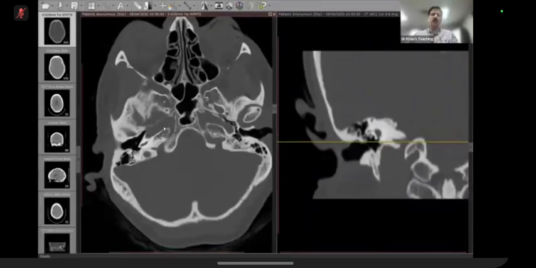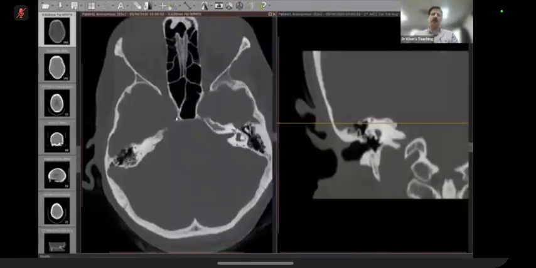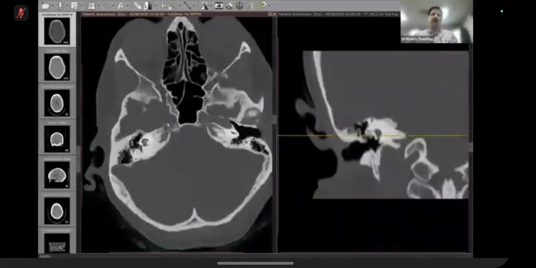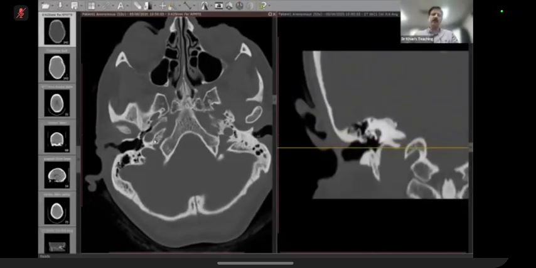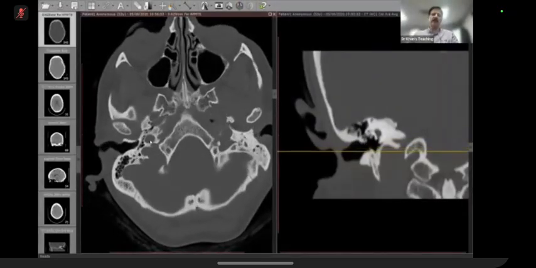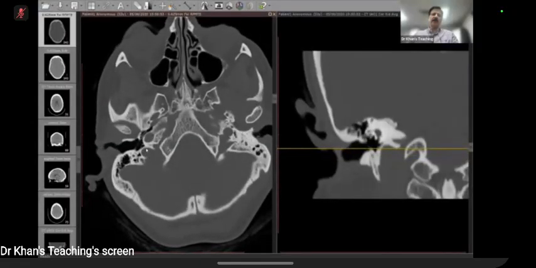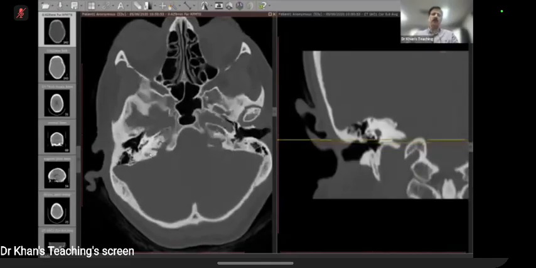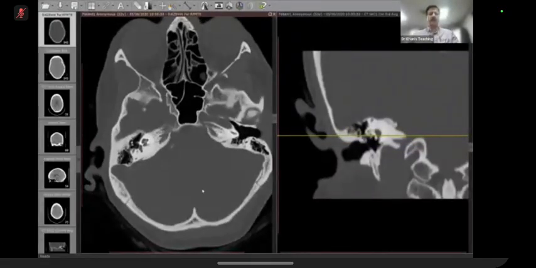So this is the horizontal portion. If we trace it anteriorly, it will go into the cavernous sinus, which is sitting somewhere here. We are going posteriorly. Now, this is it. And then this is the vertical portion. On the other hand, this is the jugular foramen. So this is the anatomy.